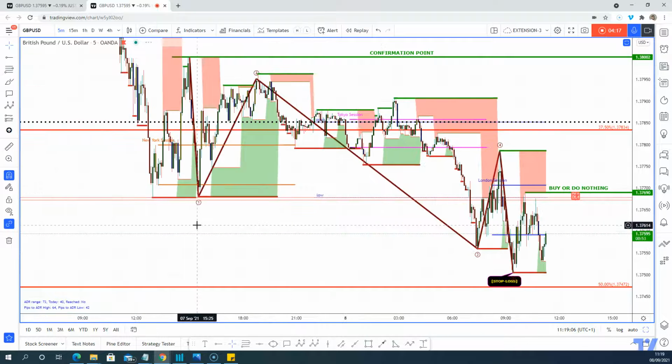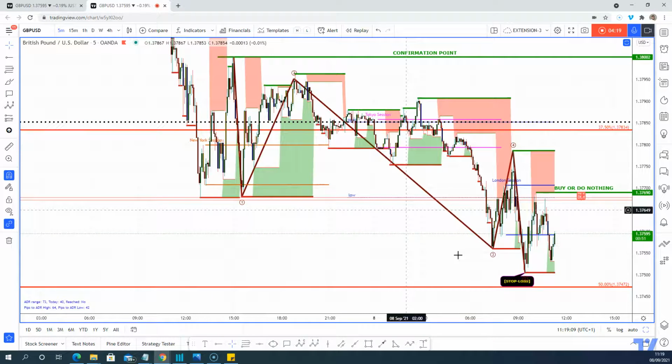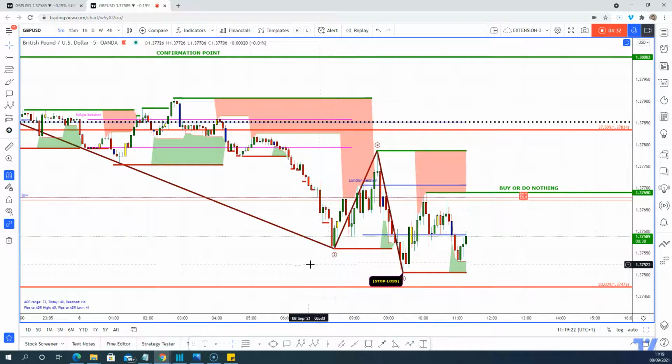So we have our structure down, 0 1 2 3 4 5 completed. This 4 to 5 is actually, there was a clue here at 3 this morning, just before the London Open, we saw this move. This is what we call a trend changing pattern.